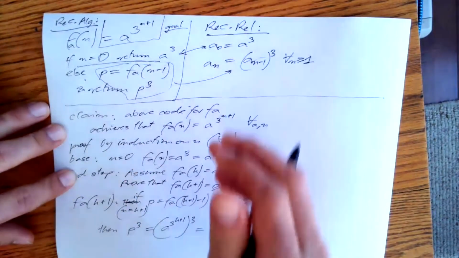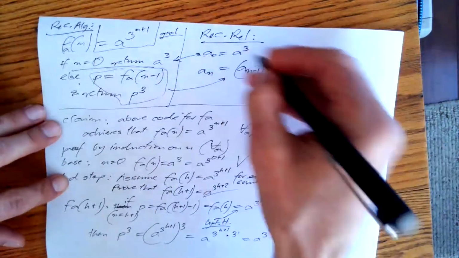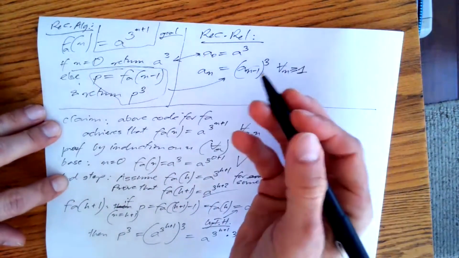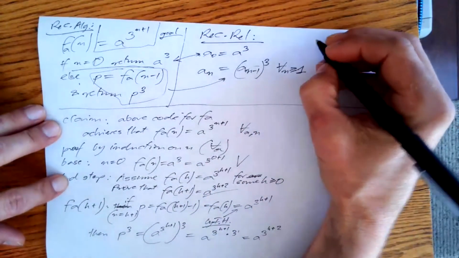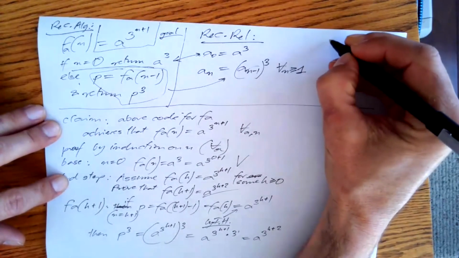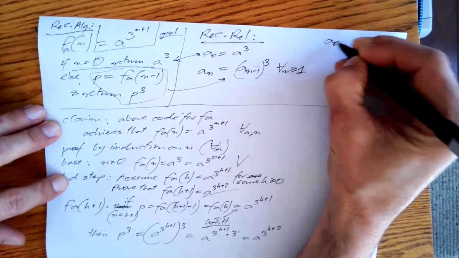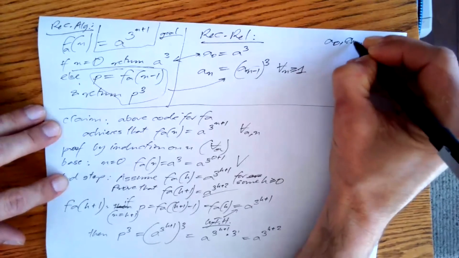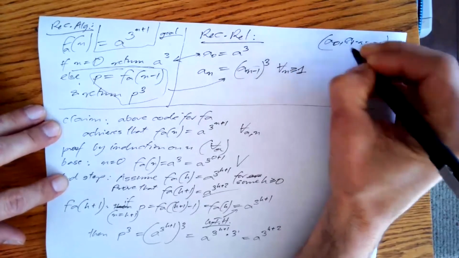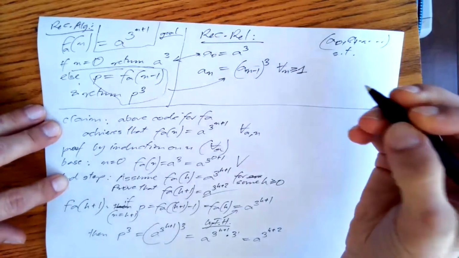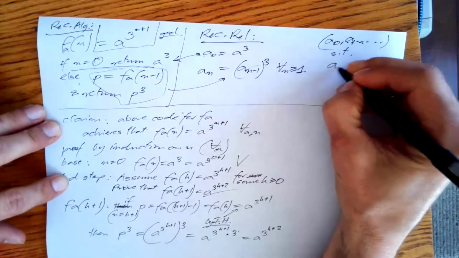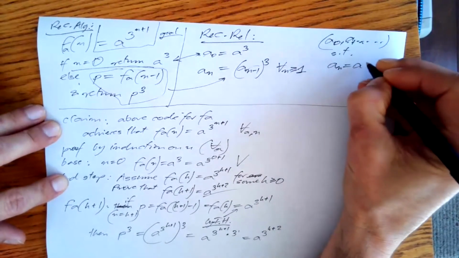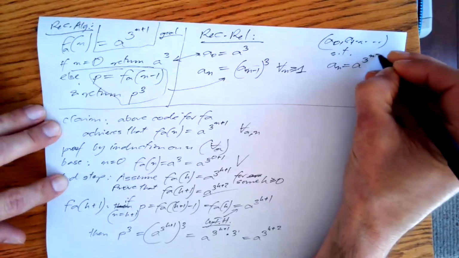And if somebody says, what would this recurrence relation be an answer to? If somebody said, okay, let's say that I have a sequence like this, which is defined in a closed form way using this formula, a to the 3 n plus 1.